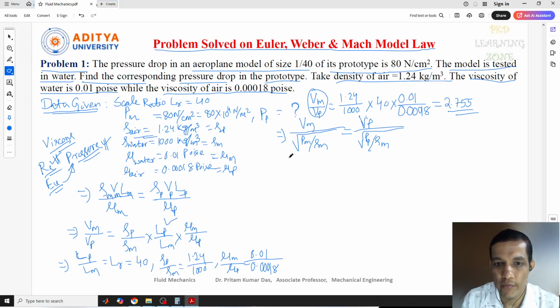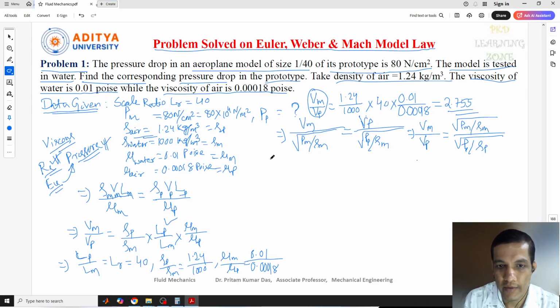Now again, this equation can be written in this way: Vm divided by Vp equals, just take this value in the numerator, root over of Pm divided by rho m, and similarly root over of Pp divided by rho p. Again this one we can write as Vm by Vp.